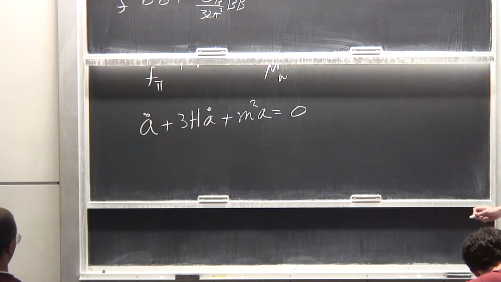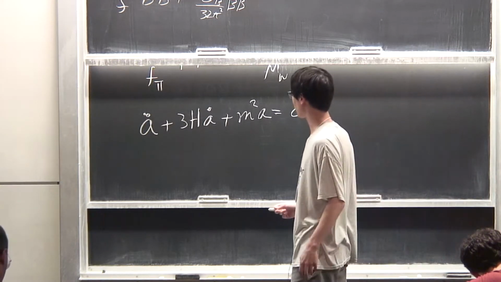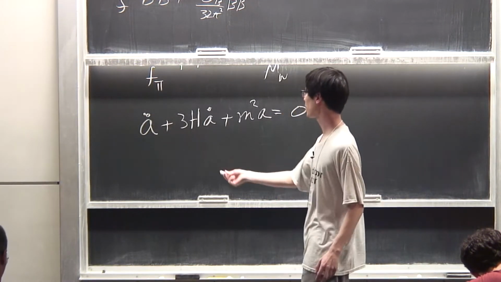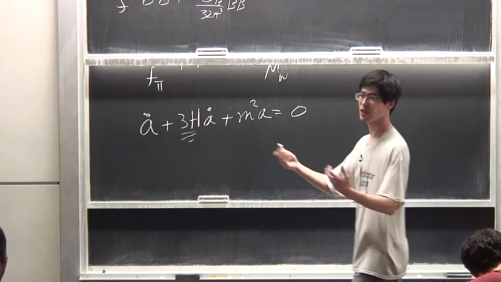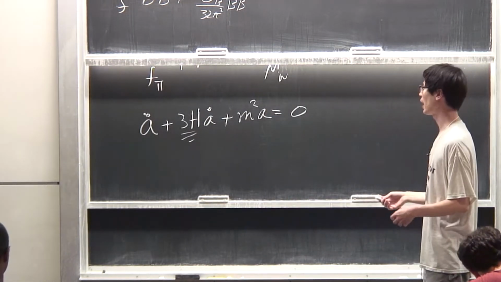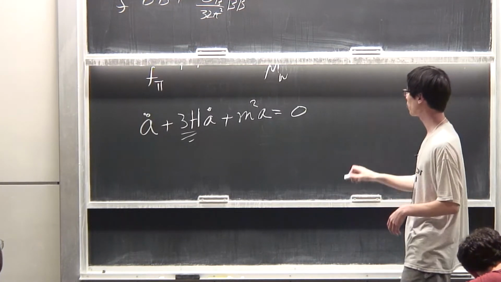And if you look at it for a moment, you'll realize this is a very familiar equation. It's called the harmonic oscillator with a damping term. So if you think back to classical mechanics, what happens if this damping term is large? Then you have an overdamped harmonic oscillator, and A essentially stays in place.